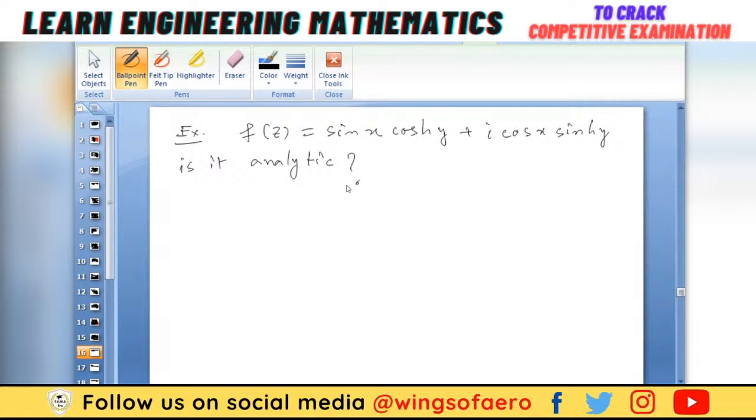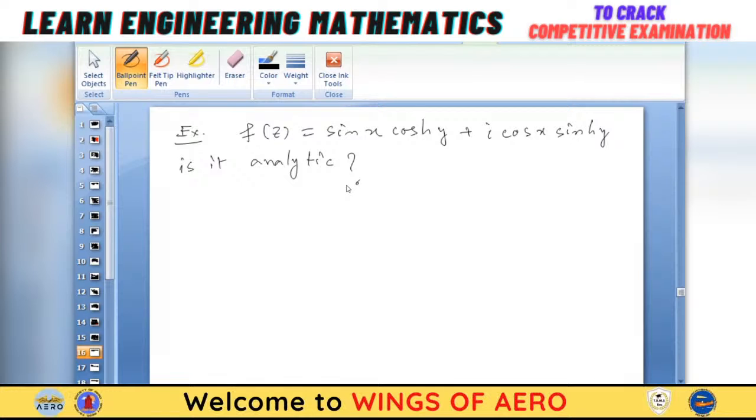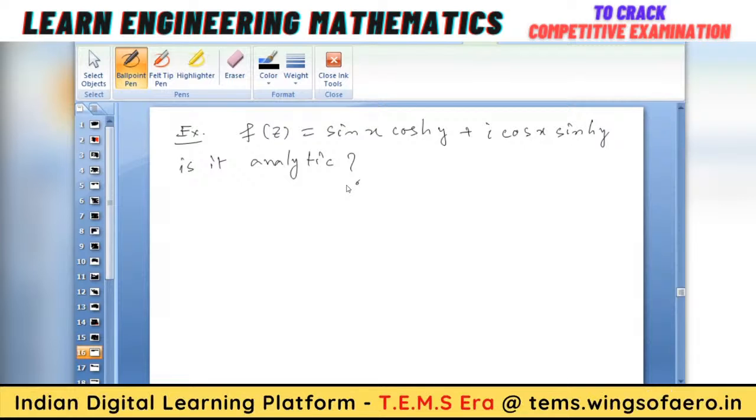Not analytic, sir. Yes, sir, analytic, sorry. It's analytic, sir. The answer is coming the same, sir. Cos x and cos hyperbolic y.